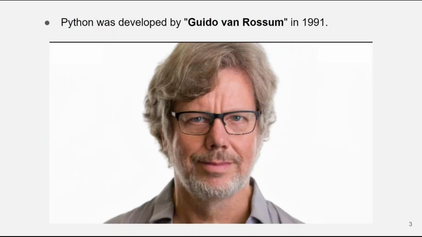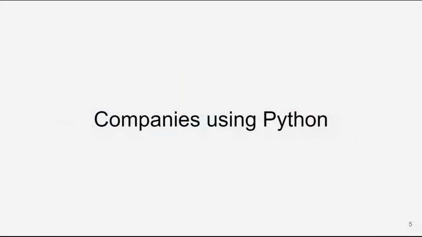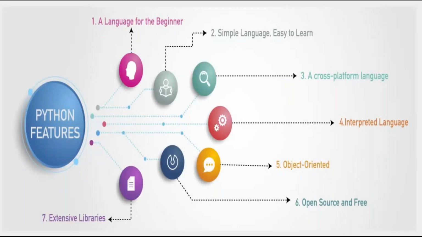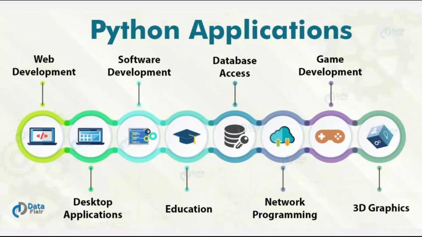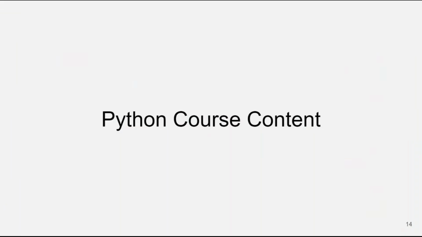Then this slide tells which programming languages have what percentage of users around the world. And some of the popular organizations where Python is used, we have also seen. And features of Python, very important, especially as a fresher. Python applications, good to know information. Job opportunities, yes, these we have covered just now. So that's phase one, part one.